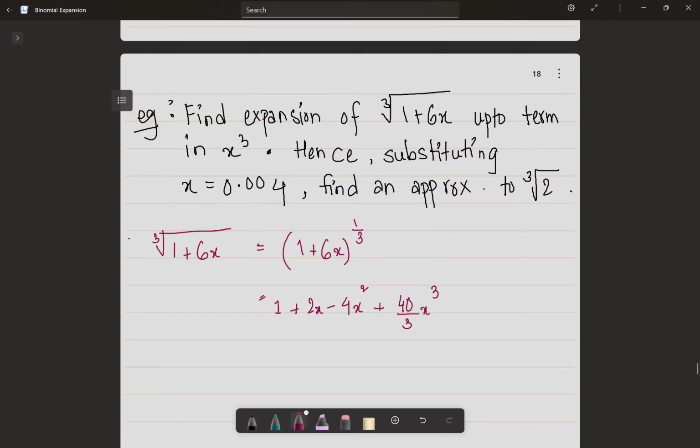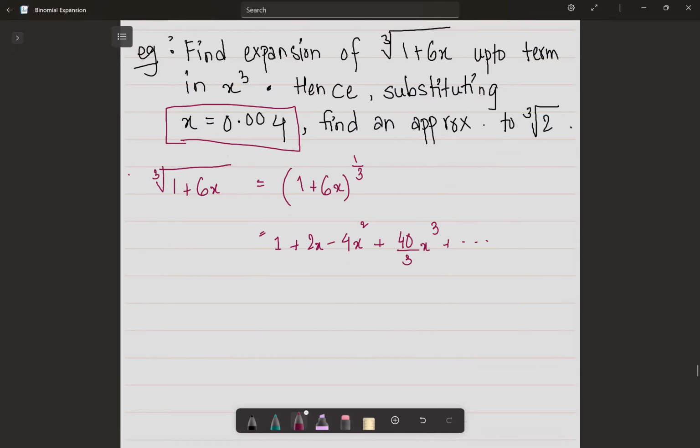It says that now you have to substitute x equals 0.04. In the previous sum that we saw, we did not use any specific value for substitution. It was not given to us. We had to find it on our own, but this time we are given this exact value for substitution.